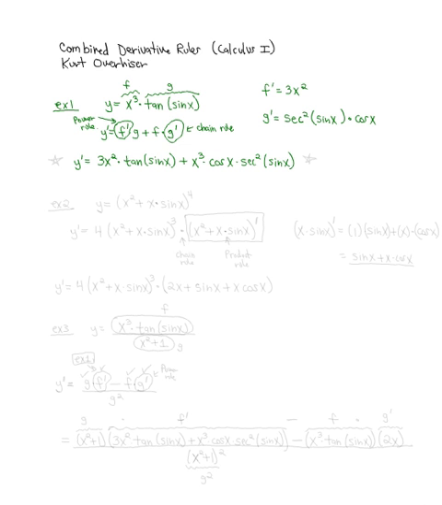Okay, so on to example 2. We're going to differentiate the function y is equal to x squared plus x times the sine of x, all to the 4th power.